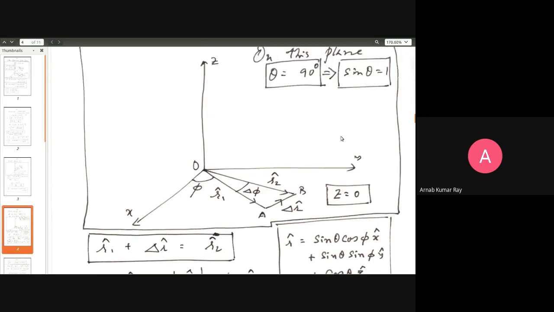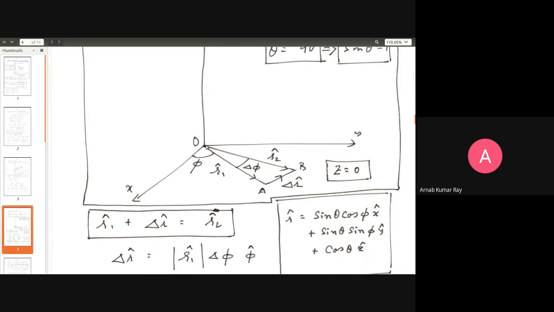Okay, now let us see. From O to A, you have r1 cap. Sweep it a little in the anti-clockwise direction. A undergoes a displacement to B by a little change in the unit vector, delta r cap. O to B is r2 cap.